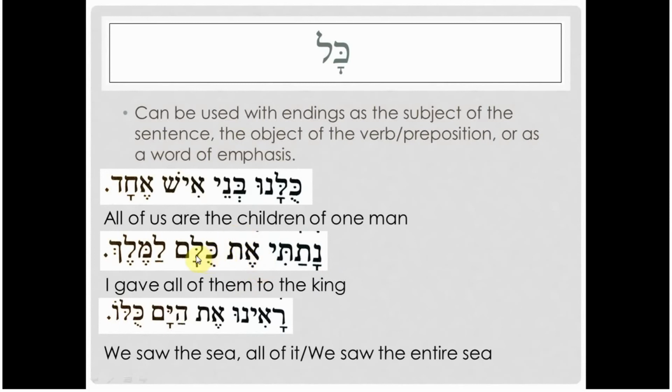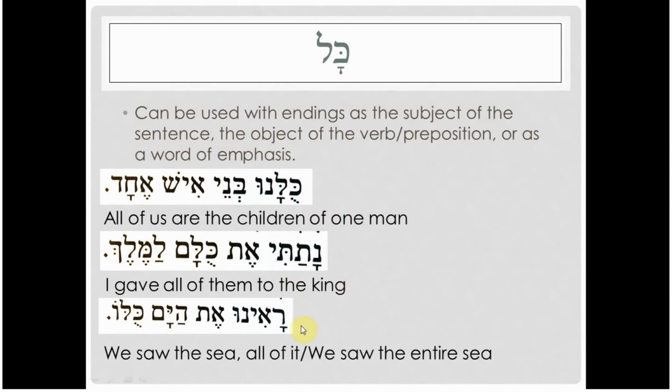Kulam, all of them. We don't know what the them is. It's just, I gave all of them, la melech, to the king. So here we have kulam, really kol plus the third masculine plural pronoun, functioning as the object of the verb natati. I gave all of them to the king.